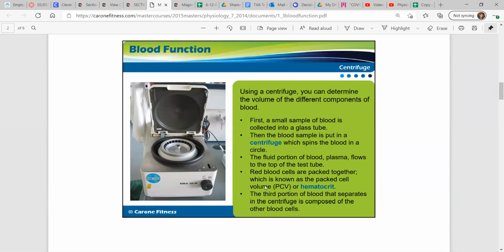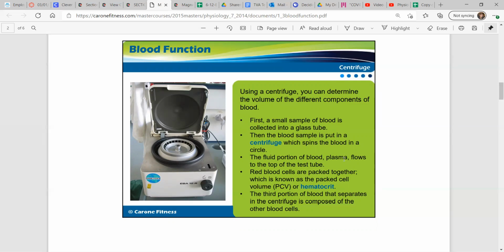Using a centrifuge, you can determine the volume of the different components of blood. First, a small sample of blood is collected into a glass tube. Then the blood sample is put in a centrifuge, which spins the blood in a circle.